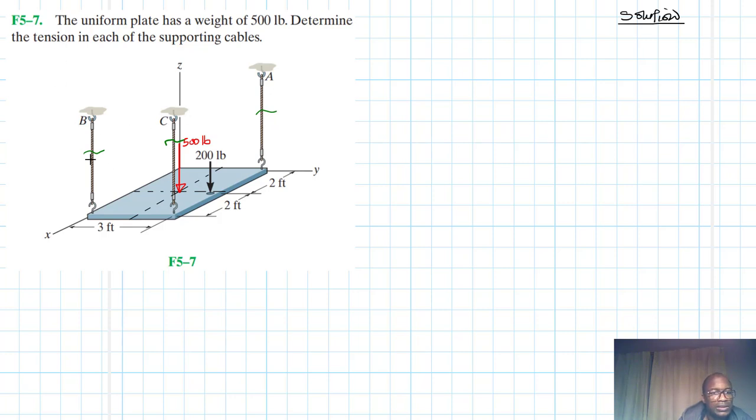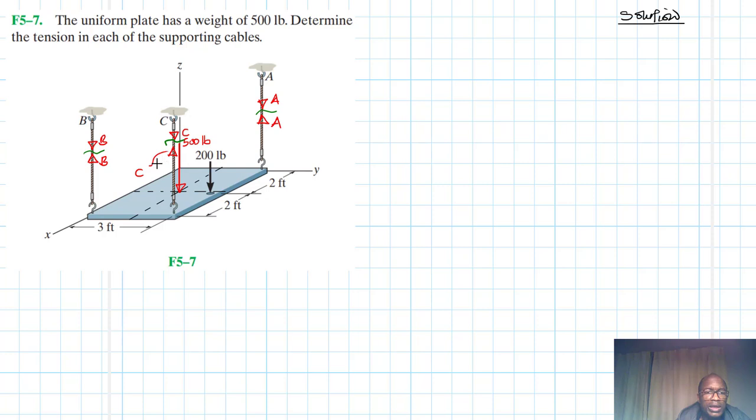Once we've done the sectioning, we'll have some tension force, and let's call this tension B. We'll have some tension there, we call it B. And I mean not B, sorry, the other one is C. There like so, this is C. And then there like so, this is A. And there like so, this is A. Great.